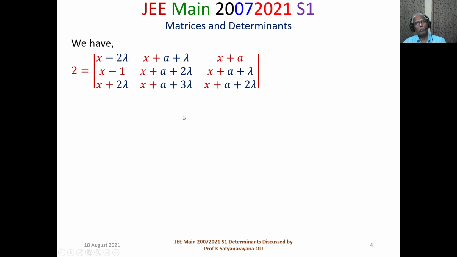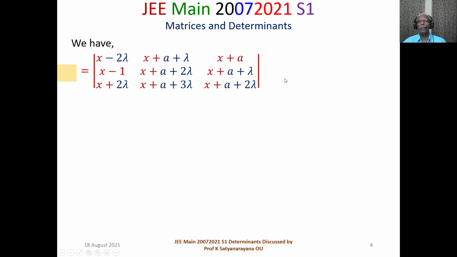Now what I observe is, if I subtract the first row from the second row, what I will get here is x plus a plus 2 lambda minus x plus a plus lambda. x plus a cancels, 2 lambda minus lambda will give lambda here, and x plus a plus lambda minus x plus a will be lambda. So that's what I see, and accordingly x minus x plus 2 lambda will be 2 lambda.